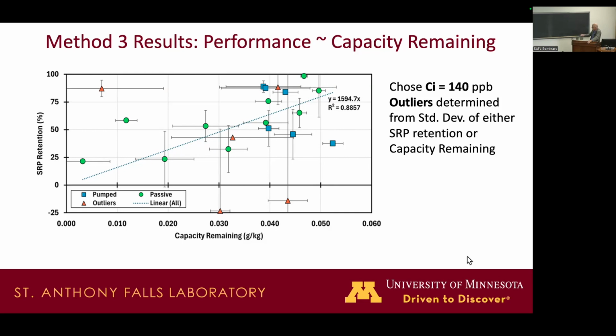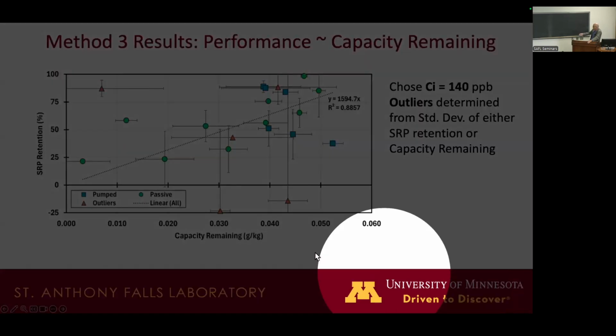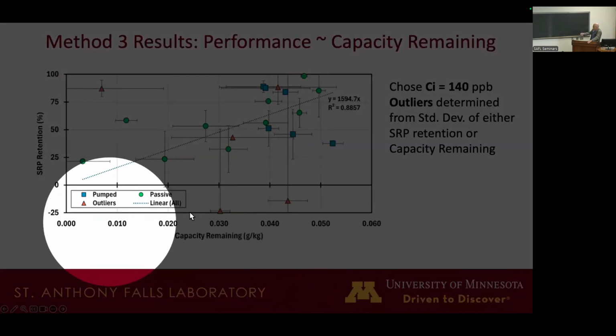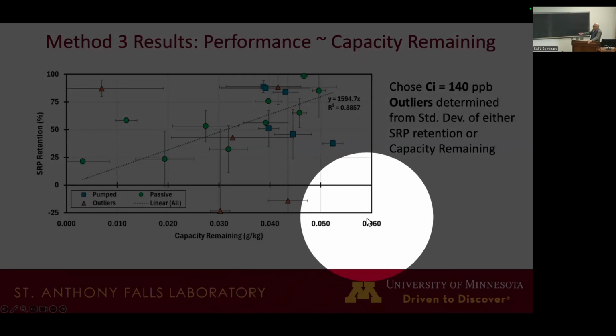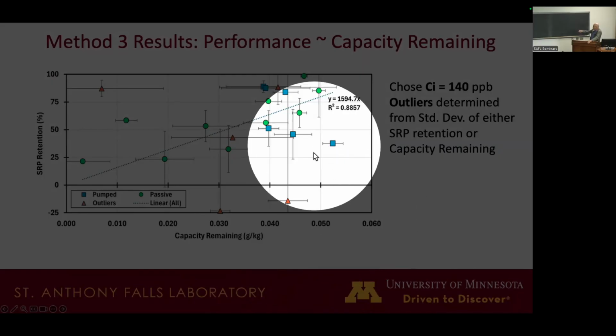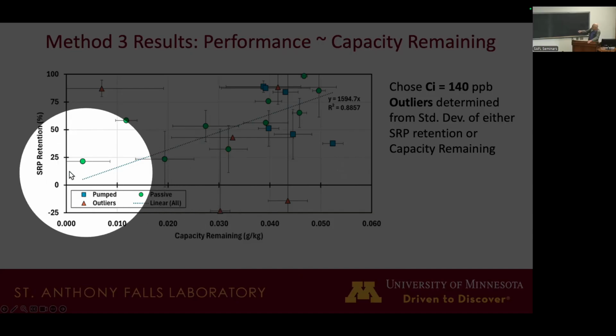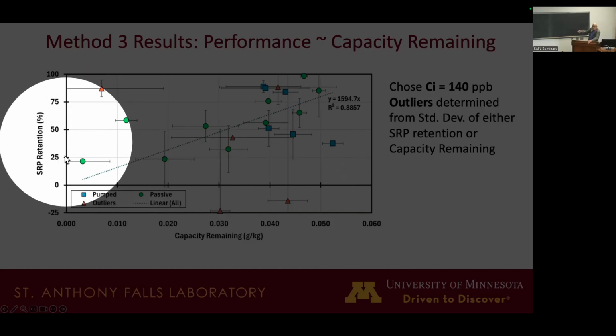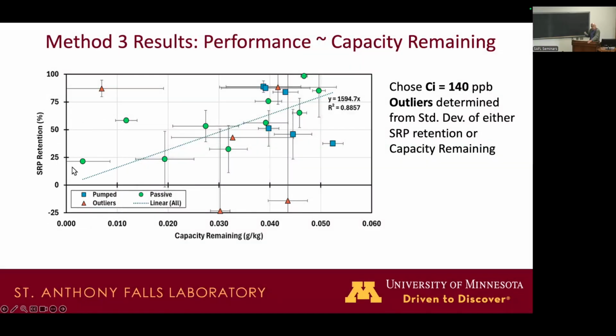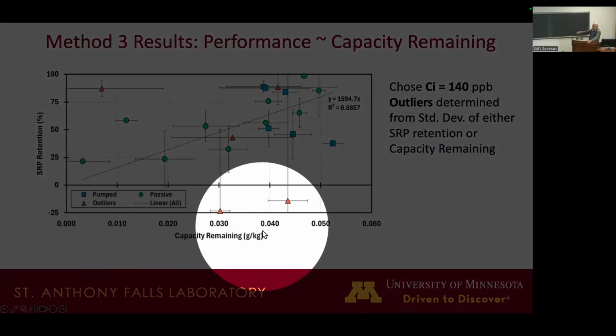So here's the capacity remaining at the bottom, from 0 to 0.06 in grams per kilogram. And this is the SRP retention that we determined previously, and we've been using that all along. That's what we've been using for the retention of the media. And this is the capacity remaining that we calculated based upon the batch tests.